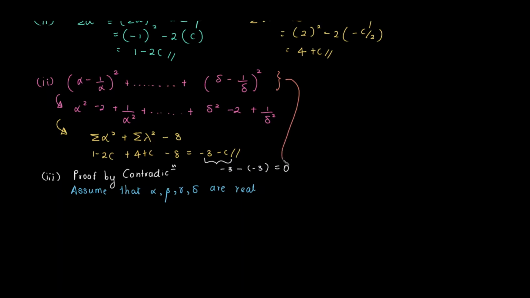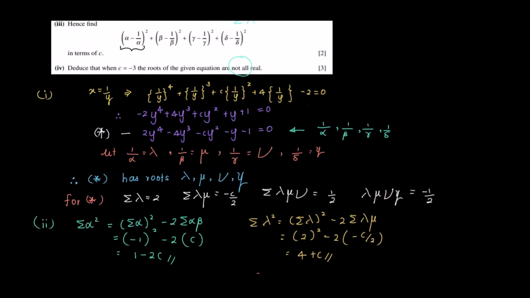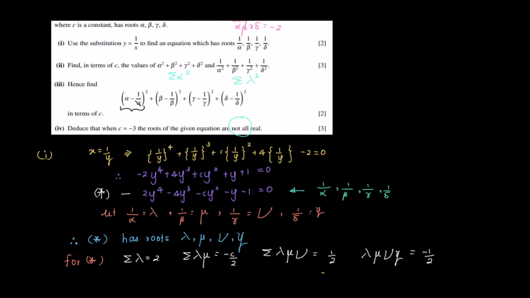So if in fact all the roots are real, this must imply that each one of these, alpha minus 1 over alpha squared and so on and so forth, must be equal to 0. That's the only way that's equal to 0 if all are real. So let's find out. If each unit is equal to 0, that will be the only way if alpha, beta, gamma are elements of the real number set.